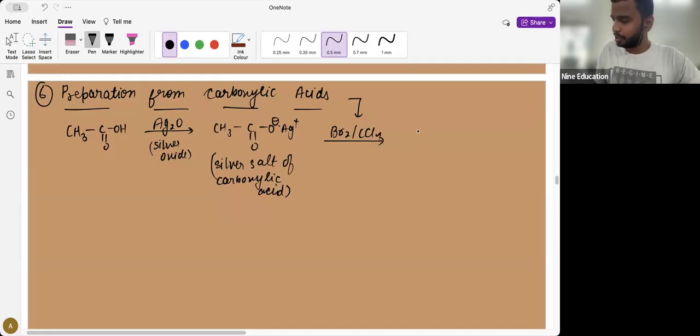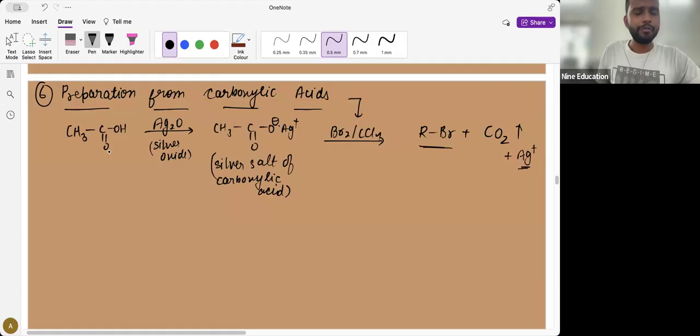Directly you can write from here RBr plus CO2, and Ag positive will be gained again from here.